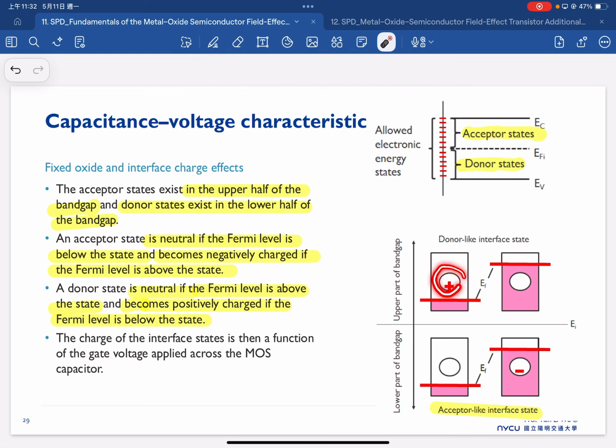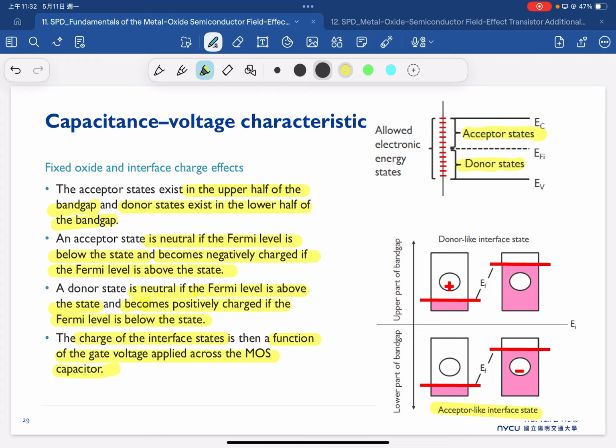If the state is above the Fermi level, that will cause a positive charge. That's what we call the donor state here. The charge of the interface state is a function of the gate voltage applied across the MOS capacitance.